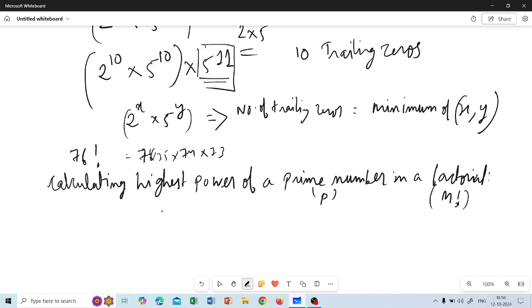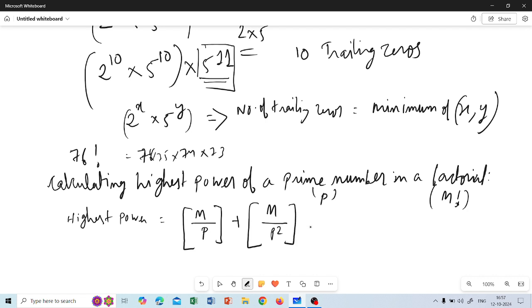Then there is one method. The highest power is given by the greatest integer function of n by p plus n by p square plus n by p cube, and it goes on till 0.